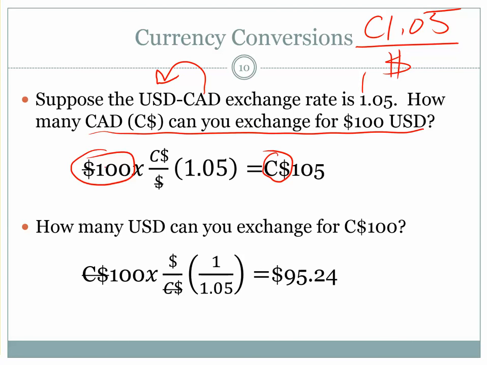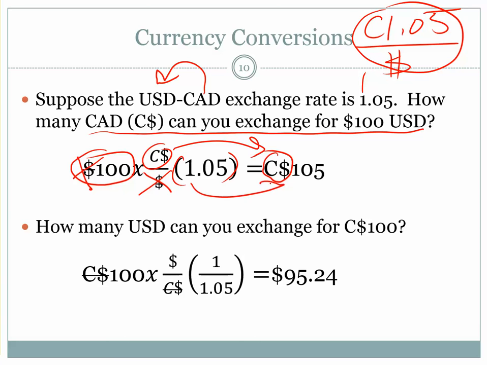So to go from dollars to Canadian, I need an exchange ratio. In order for a cross multiplication to work, I need the Canadian dollar price of 1 US dollar, so the dollars will cancel out and the Canadian will go further. So I need the Canadian dollar price of a dollar, which is 105. So I just multiply it to 100 times 105.